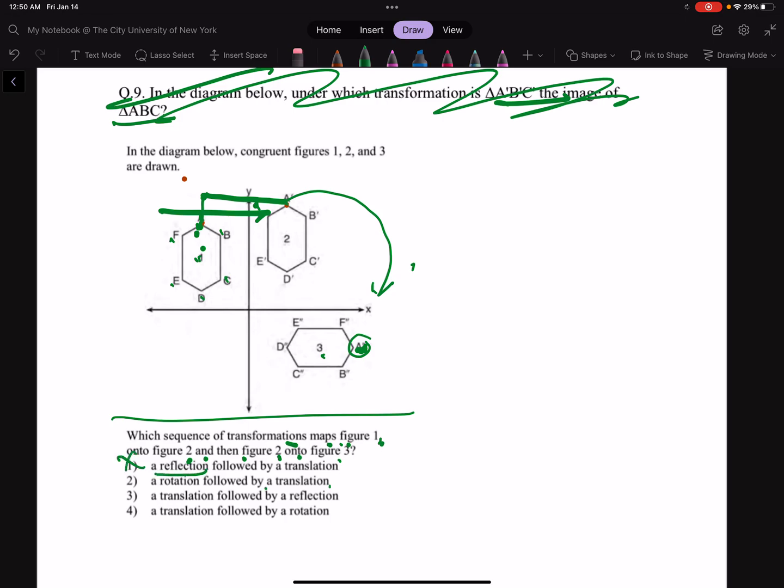If it is a translation followed by a reflection, if it is a translation, this cannot be reflected like this. So obviously a translation followed by a rotation. So number 4 should be the choice for that.